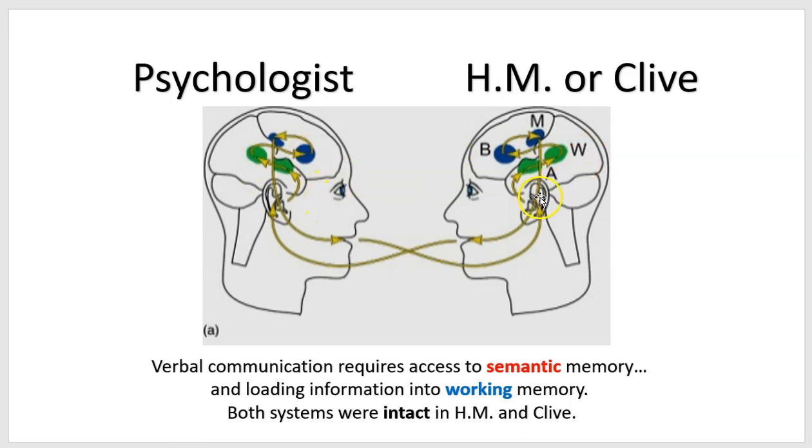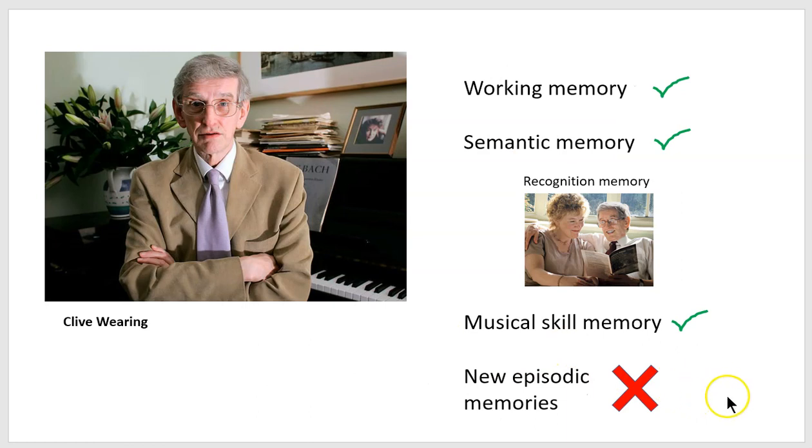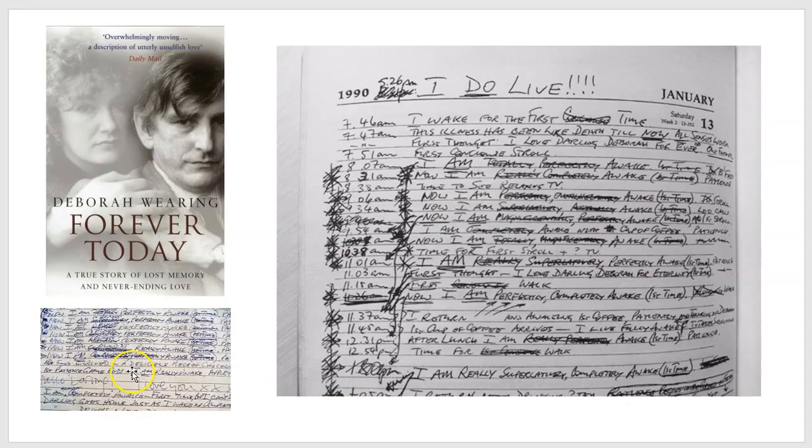So both Clive and HM had intact semantic memory and an intact working memory system, and as a consequence, they could both carry on normal conversations. What Clive and HM couldn't do was make new episodic memories.